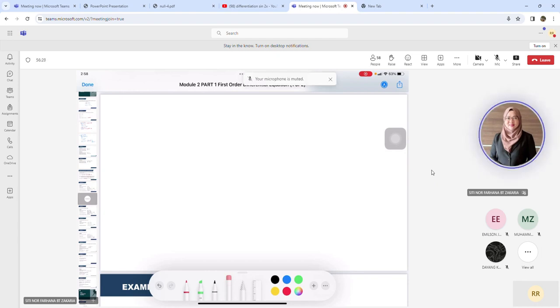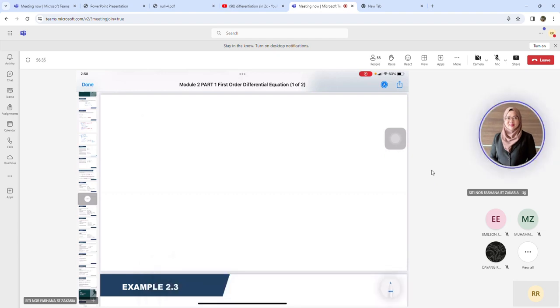Okay, so this is our DE. x plus 2 dy over dx equals to y.